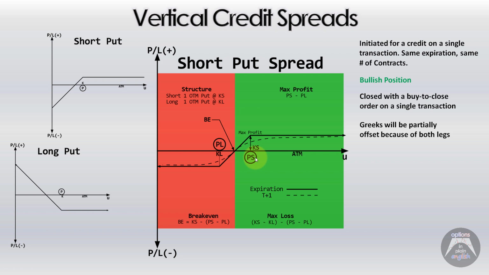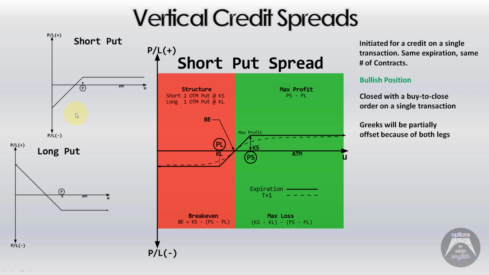And the same thing happens to all the other Greeks. For example, deltas: if you think about the deltas of a short put, and let's say we sell the 20 delta put, we're going to have plus 20 deltas. However, since we had to buy the long put here, and let's say we bought the 15 delta put, we're going to have 20 positive deltas here, and then 15 negative deltas because we're buying a put.